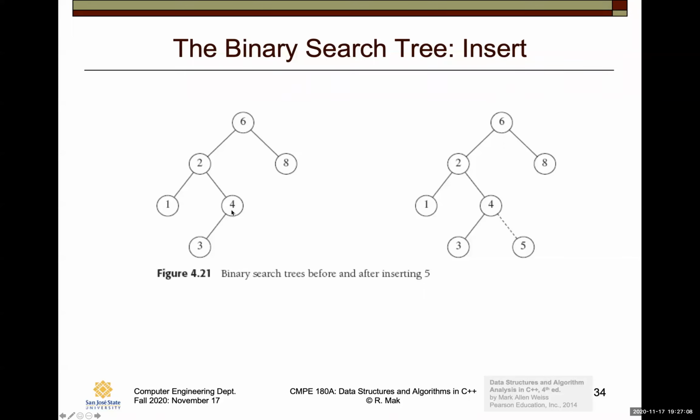Then 5 is greater than 4, so we try to go this way, but we encounter a null link. So this is where the 5 goes. We replace the null link with a link to the 5, and there's the 5. And that's how we insert into a binary search tree. After the insertion, this is still a binary search tree. That's important.